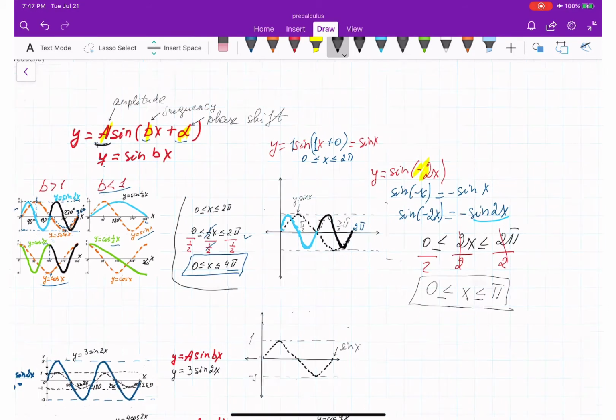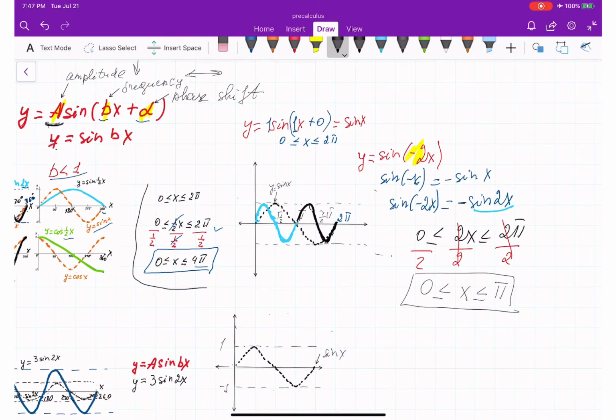So if we have negative, that means we are going down, so every value of y here that we have positive is going to become negative. So negative sine 2x, I'm going to build mirroring the sine 2x towards our x-axis. Let me show you.